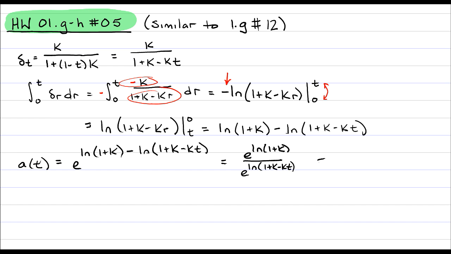This all simplifies to 1 plus k over 1 plus k minus kt. That is my accumulation function. Let me highlight that so I can reference back to it later.